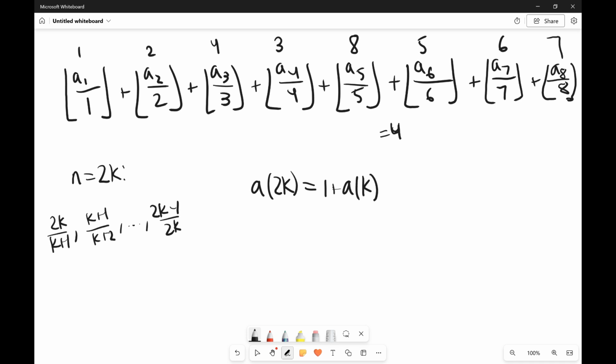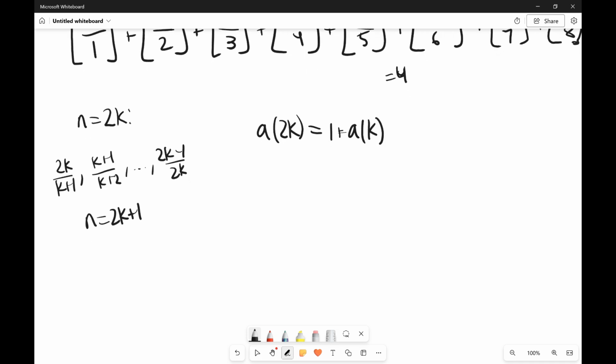And then if n is equal to 2k plus 1, then we can end up using 2k plus 1 over k plus 1, and then k plus 1 over k plus 2, and then so on all the way to 2k over 2k plus 1.